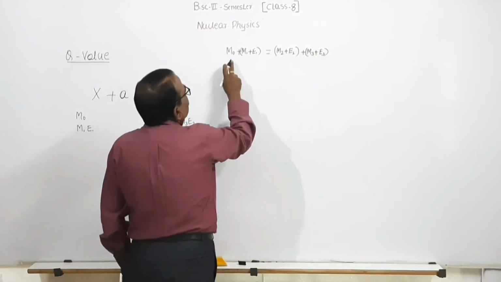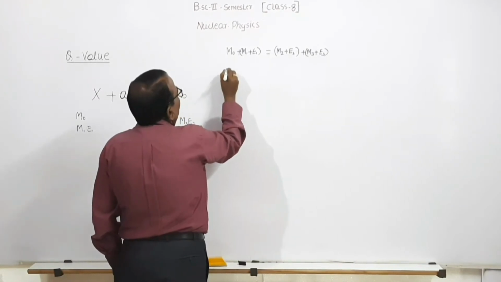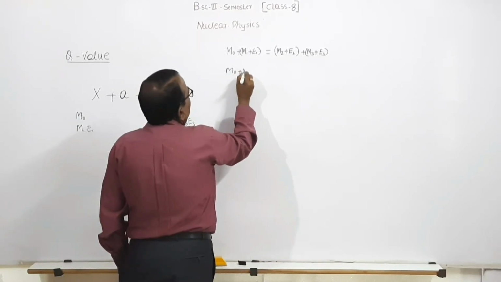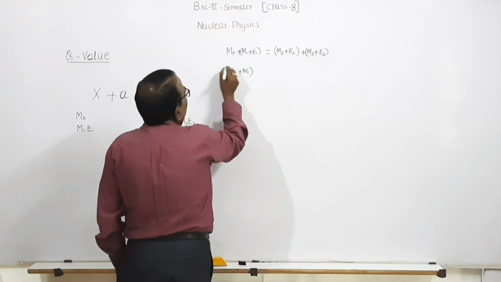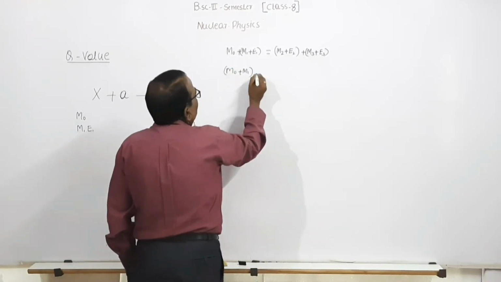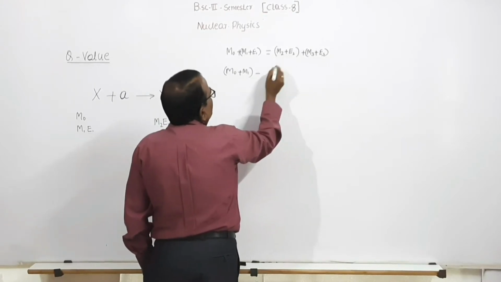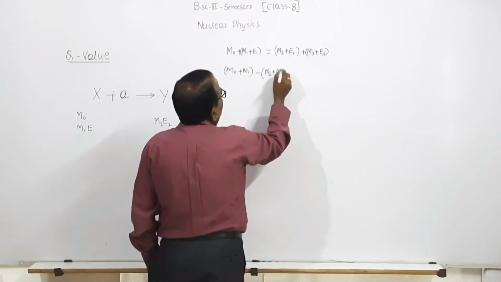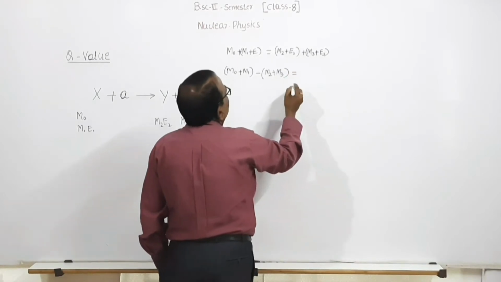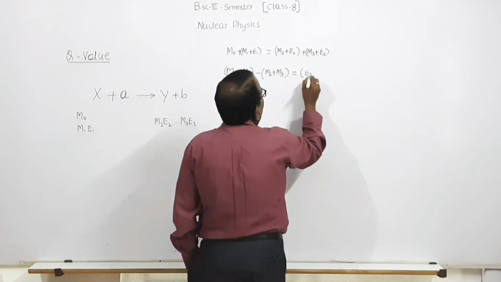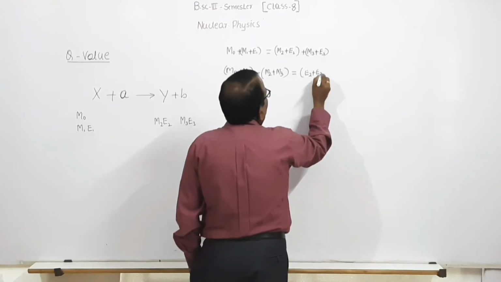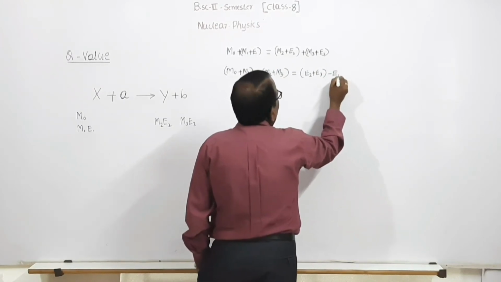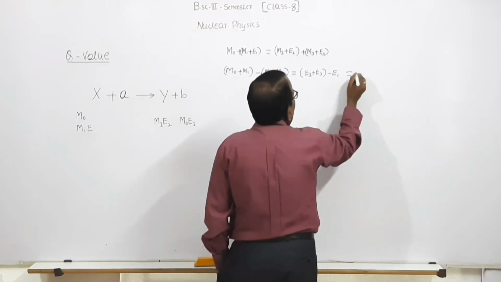Then m0 plus m1 minus m2 plus m3 is equal to E2 plus E3 minus E1. This is your Q value.